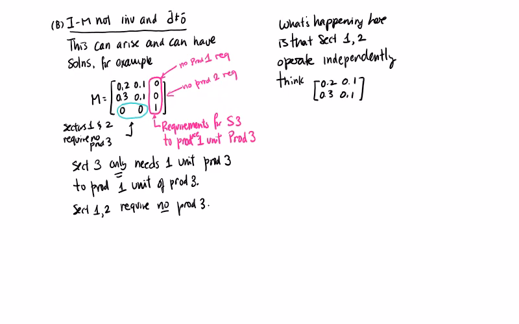Right? This matrix actually has I minus m being invertible. Right? This is for those. And then sector 3 just produces whatever it wants. Or it's off producing and consuming all of its own product. We just ignore it.